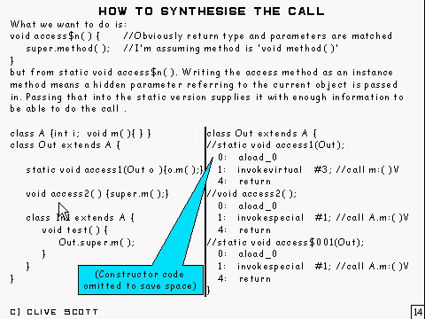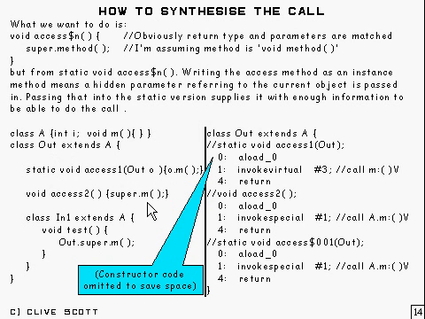It's not important. So if we take a look at a couple of the code that gets generated from various options: if we write this as static void access1, passing in an instance of out and using that to call the superclass version m, and we look at this, which is an instance method, and calling super from that.